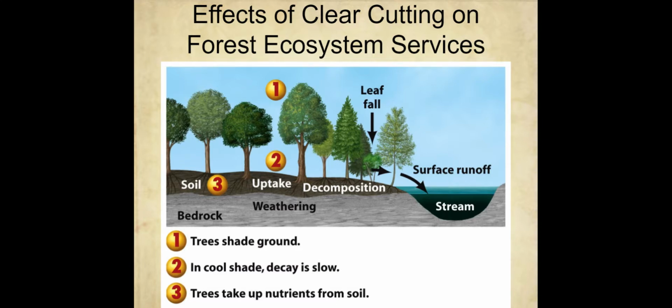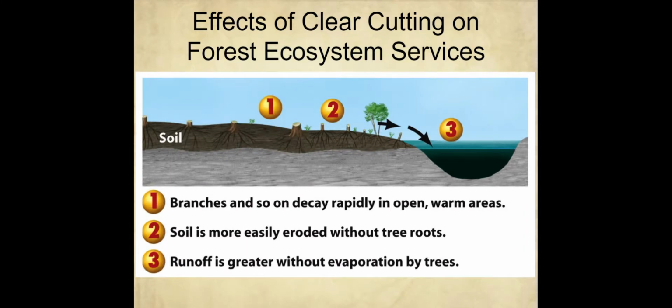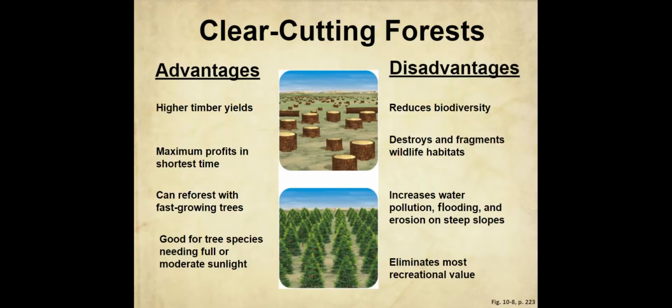There's minimal surface runoff because it gets caught and absorbed by all of the roots of the trees. When you clear cut this ecosystem, you lose all of that. You get rapid decay, the soil is more easily eroded, there are no tree roots to suck up a lot of that water, so you have a huge amount of runoff.